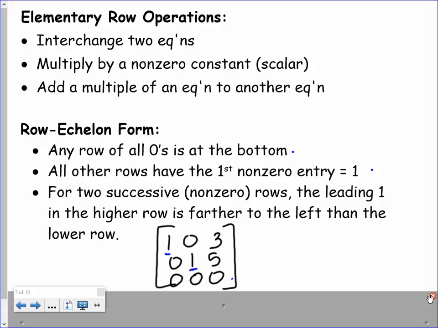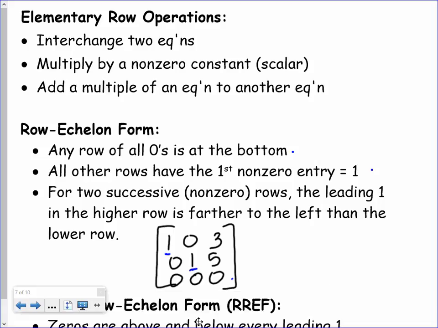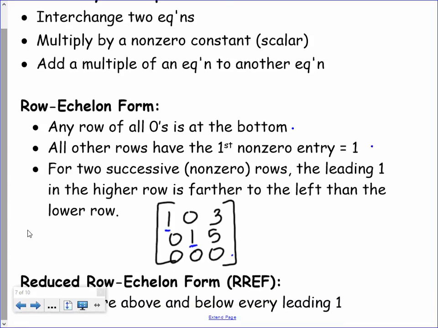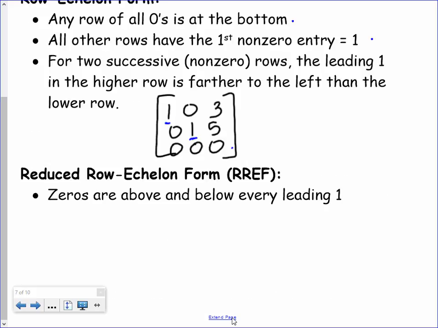Next up is something called reduced row echelon form. Reduced row echelon form means that there are only zeros and ones. If any of you have ever worked with binary things, it looks more like the binary system, only zeros and ones. So zeros are above and below every leading one.